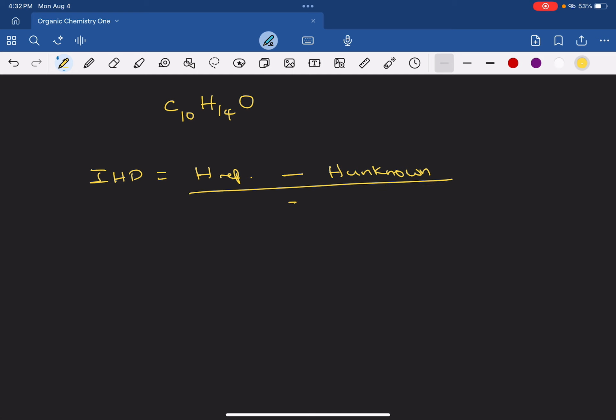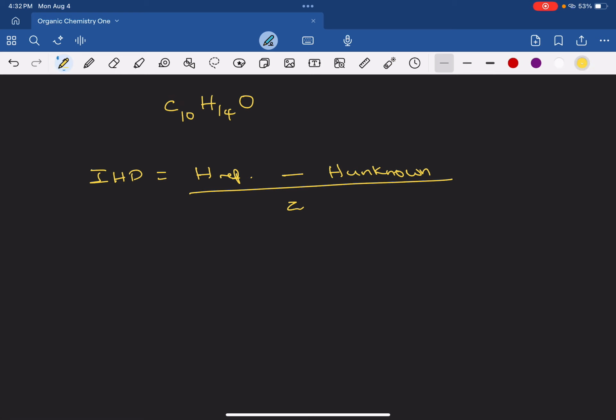What if you're given C10H14O and you're asked to calculate the index of hydrogen deficiency? You do the same thing: hydrogens in your reference, which is the alkane, minus the number of hydrogens in the unknown, divided by 2. For the reference, find the number of carbons in the unknown.